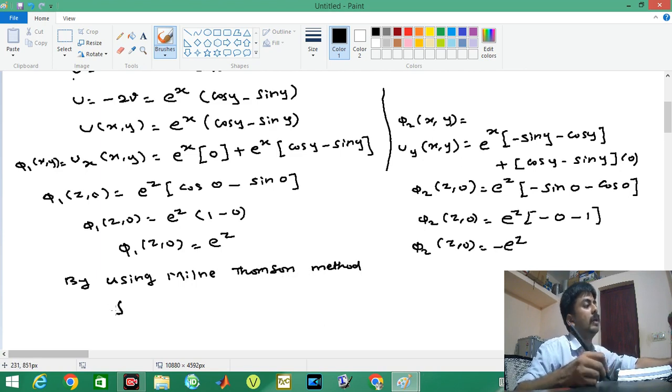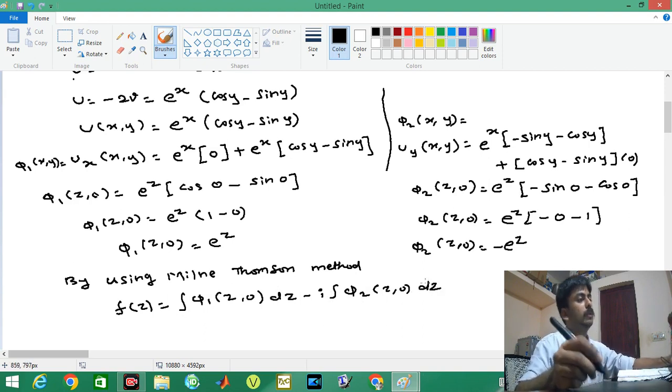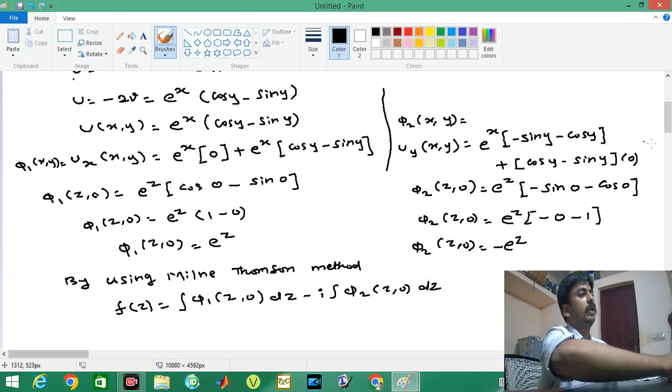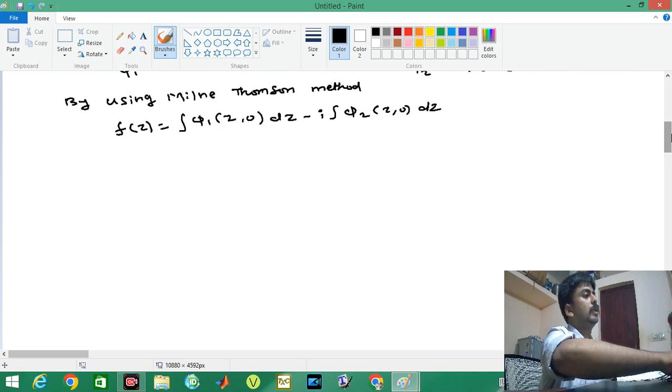When u is given, we will have f of z equal to integral phi 1 of z comma 0 dz minus i into integral phi 2 of z comma 0 dz.